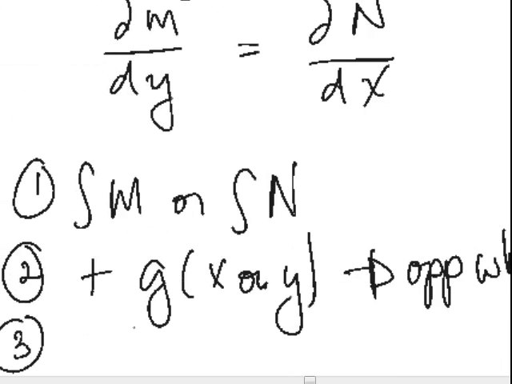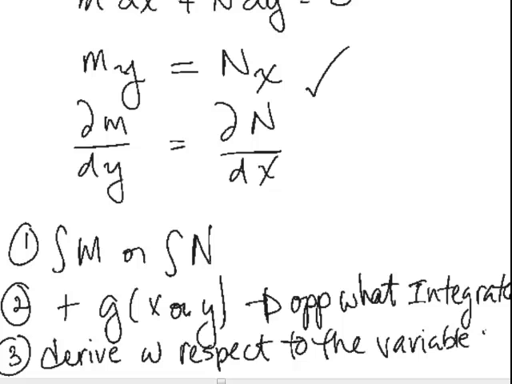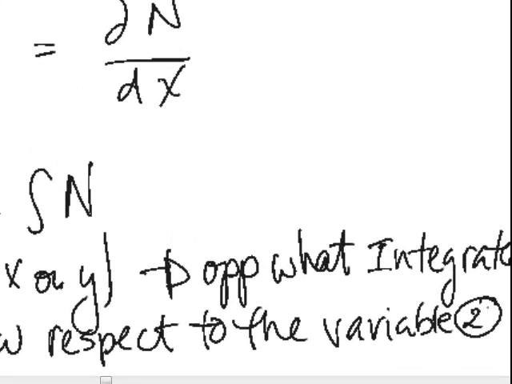Step 3 is to derive with respect to the variable from step 2. Okay, so if it was g of x, you derive with respect to x. If it's g of y, you derive with respect to y.